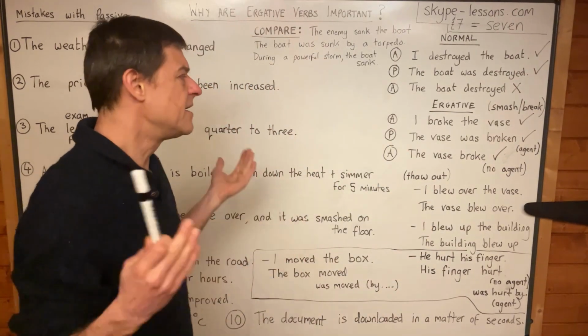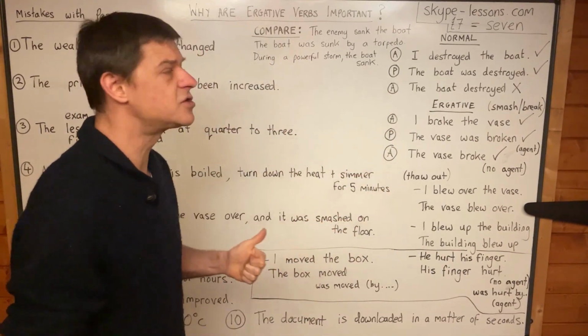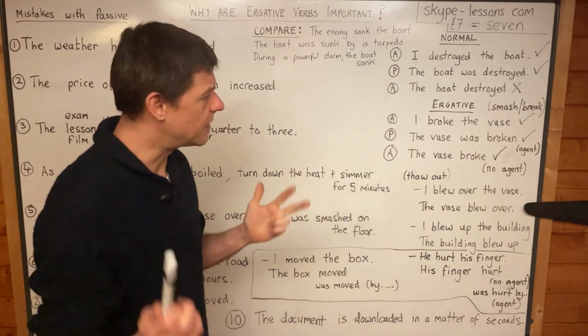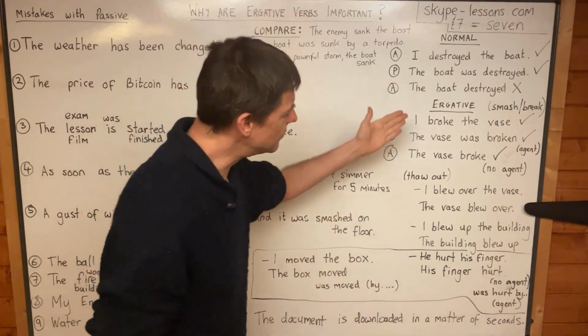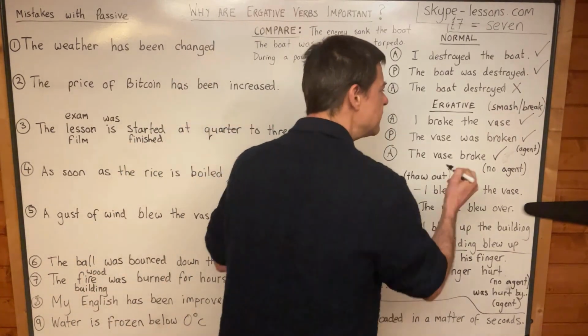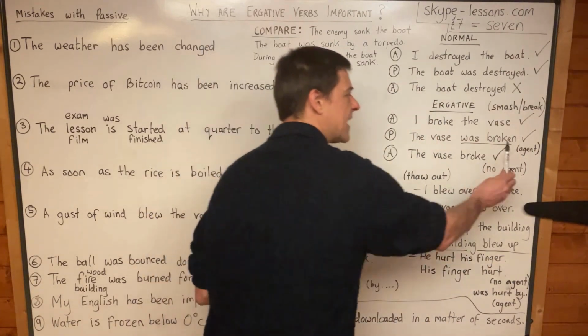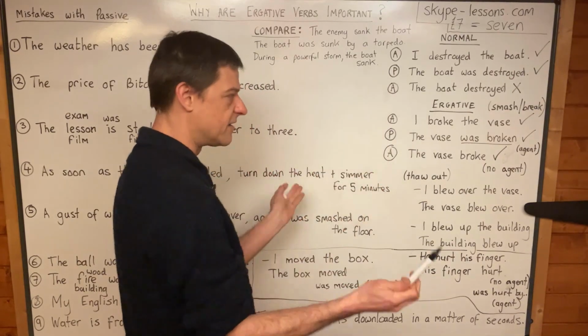And so why? Well, these ergative verbs usually show change or destruction, or there are a lot of cooking verbs that are ergative as well, like boil and fry. So with these ergative verbs, if you use them in the passive, the vase was broken, that sounds like there is an agent involved, that somebody broke the vase.